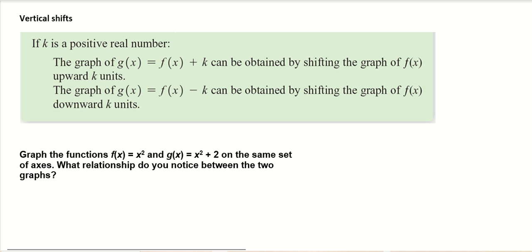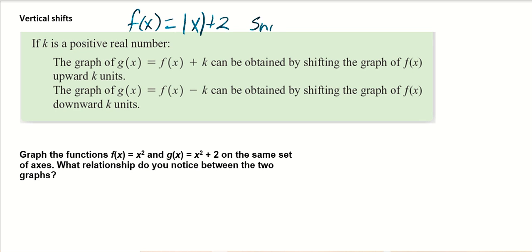So what do you mean by that? Remember those basic functions that I gave you? I gave you f of x equals the absolute value of x. If I say plus 2, that means I am going to shift our graph up 2 units, because I added on a plus k.